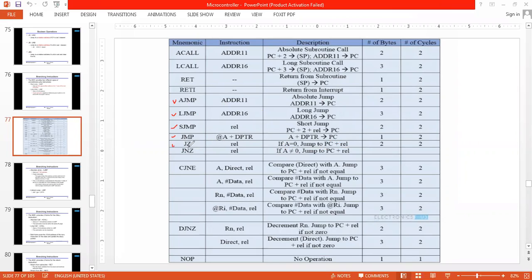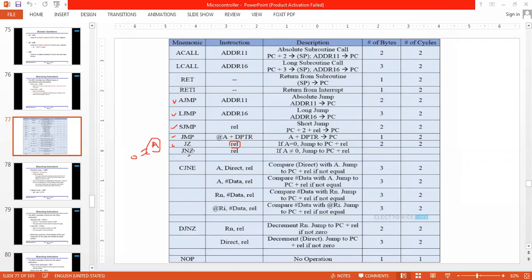But what is the condition? It checks the register A value. Jump if Z, Z means 0. What is 0? The A register value is equal to 0. Then only the jump happens to a particular relative address.